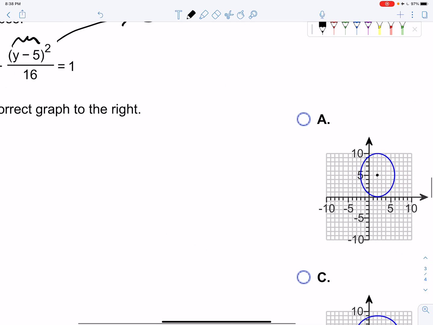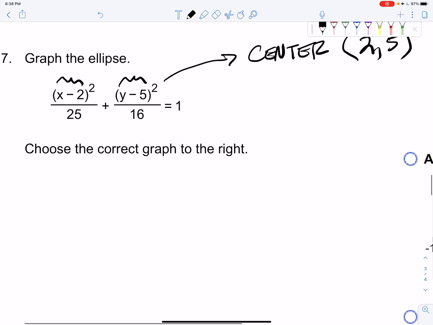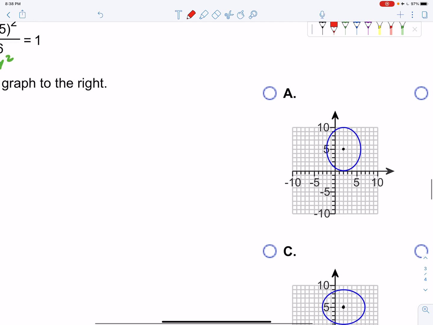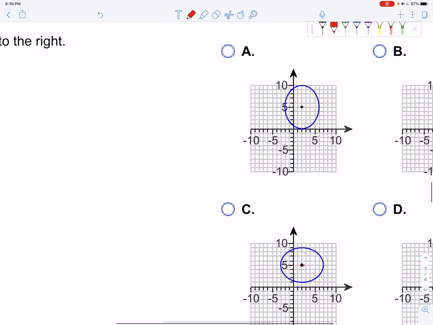And we can tell which way it's elongated also by just taking a look at the value under the x, and I'm going to write it as a perfect square, 5 squared. And the value under the y is a perfect square, 4 squared. Okay, so that means this is going to be wider than it is tall, right? Under the x is a 5, so I must go to the right 5 and also to the left 5.